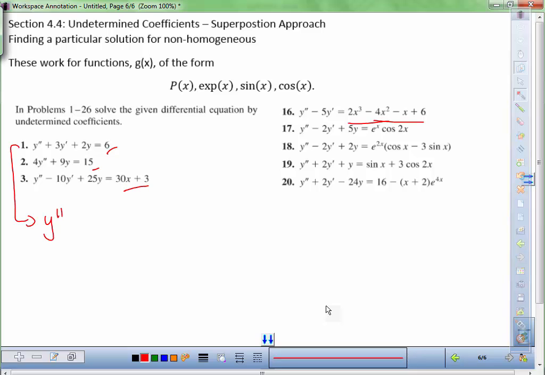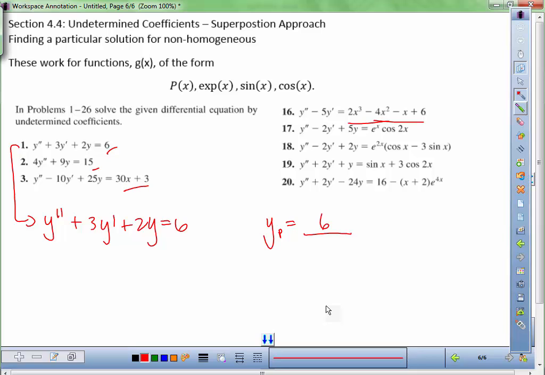y double prime plus 3y prime plus 2y is equal to 6. Now I need to guess at a particular solution that would satisfy this differential equation. Let's try 6. It's a good guess.